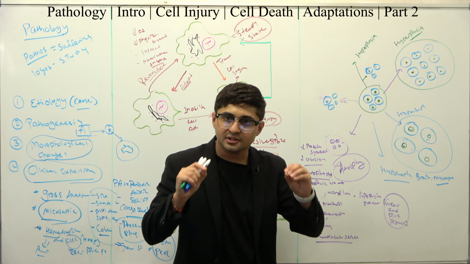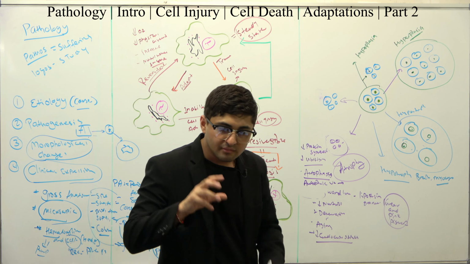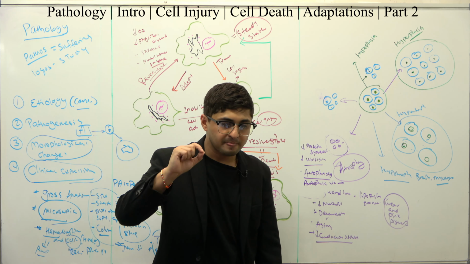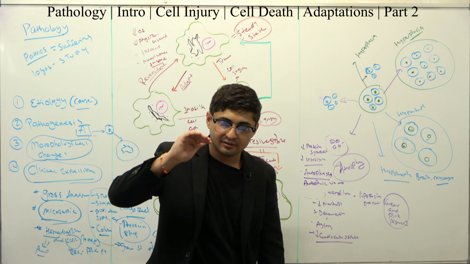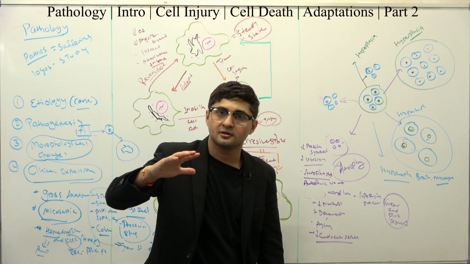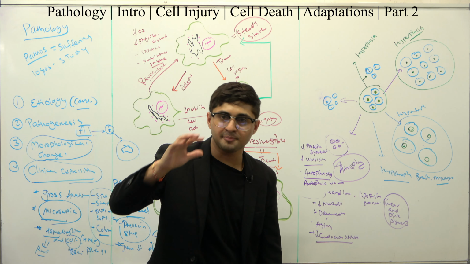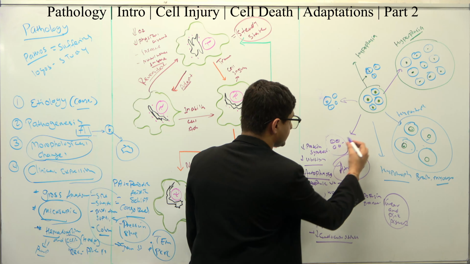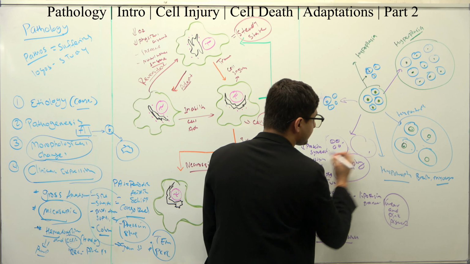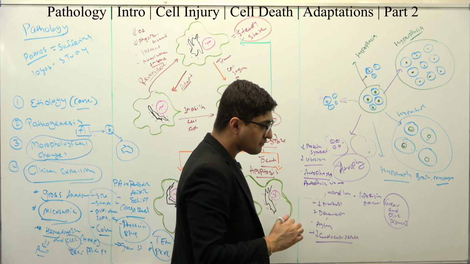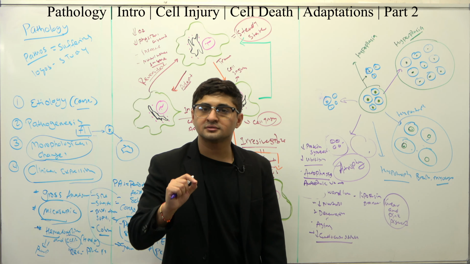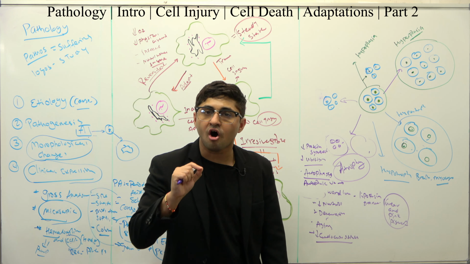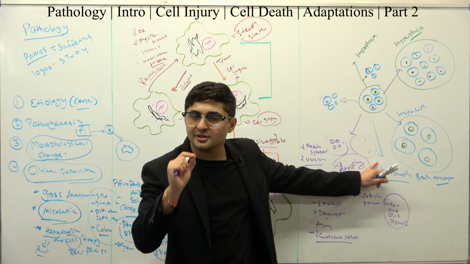These residual bodies in the cytoplasm later get mixed with lipids. I'll explain what that means. Let's say this is my cytoplasm right here. In the membrane, there's a concept of lipid peroxidation of the plasma membrane. What does that mean?